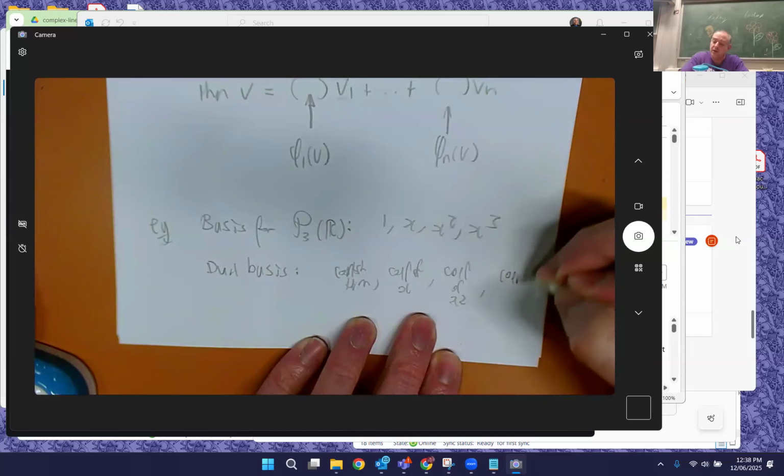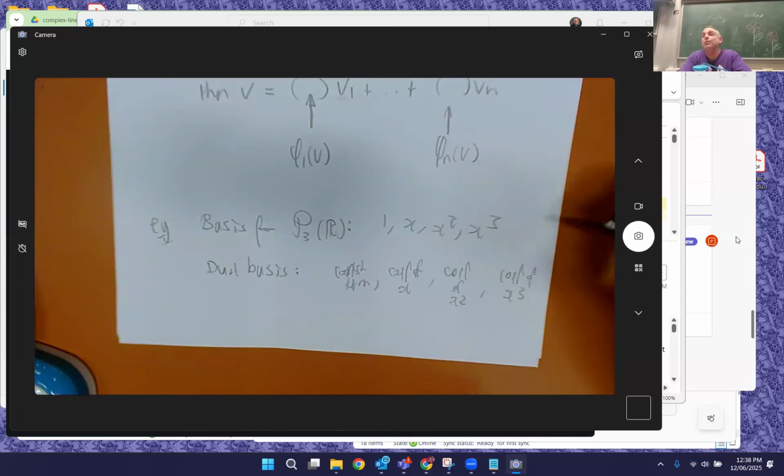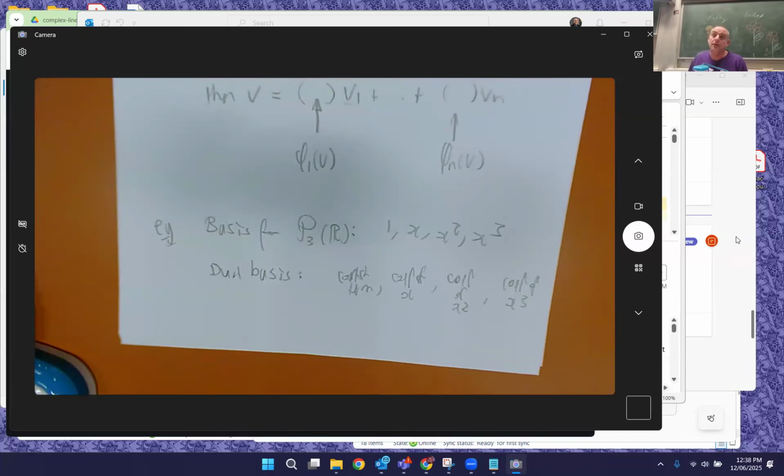This one is the action of finding the coefficient of x cubed. Because that's what the dual basis does. The first function in the dual basis is the function that tells you what the v1 coefficient is. So I can only describe these functionals in words, but there are ways to do it.